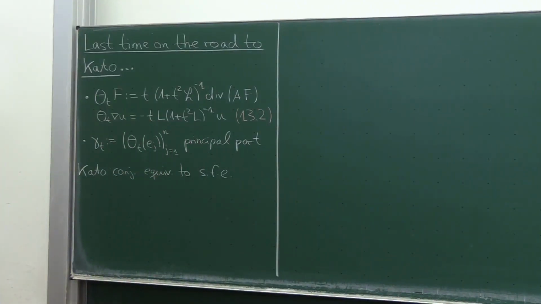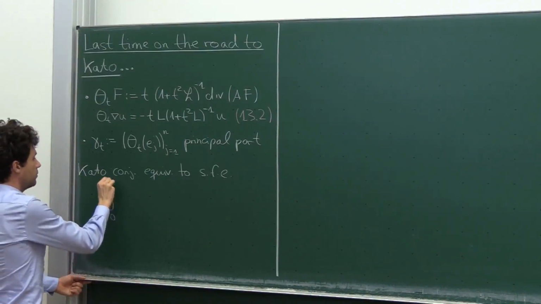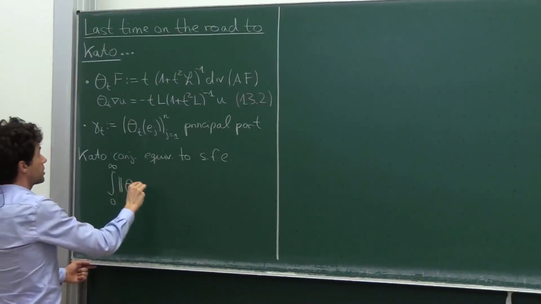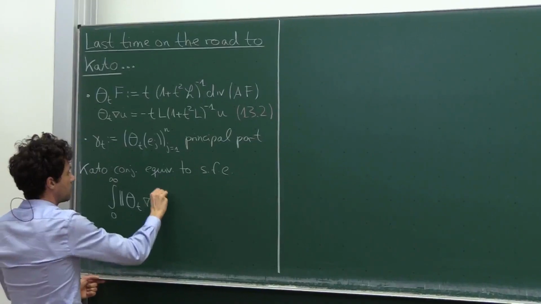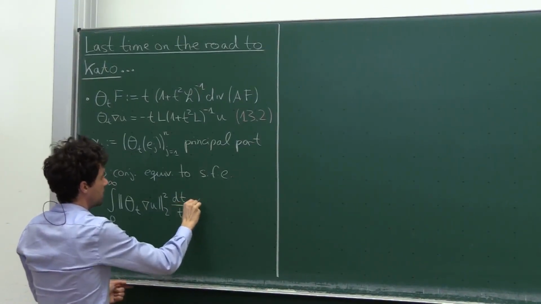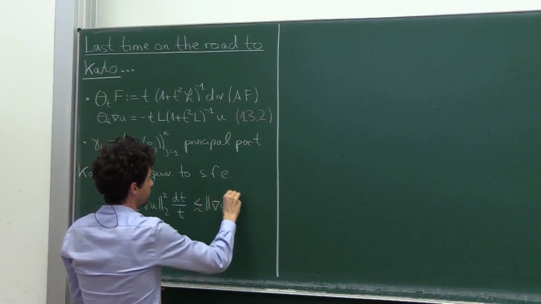So the goal of this 13th lecture, the goal for the Kato conjecture, would be to prove the square function estimate: the integral of theta of t grad of u squared dt over t controlled by the norm of gradient of u.